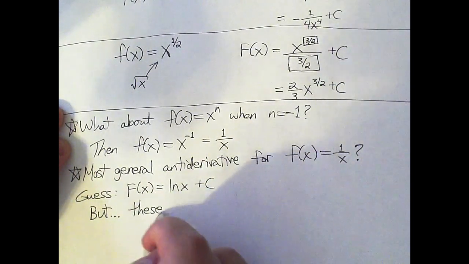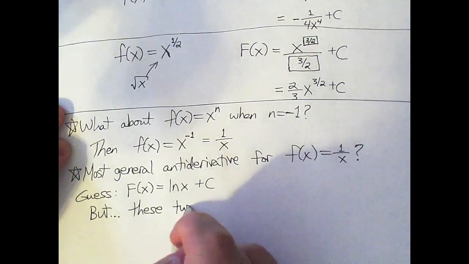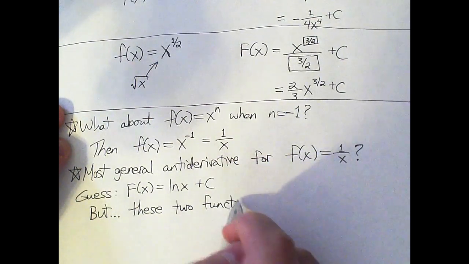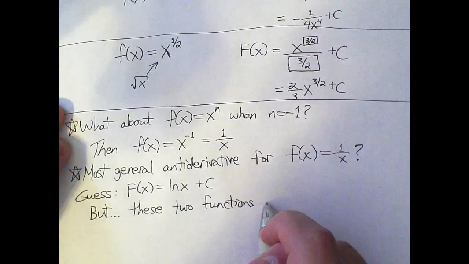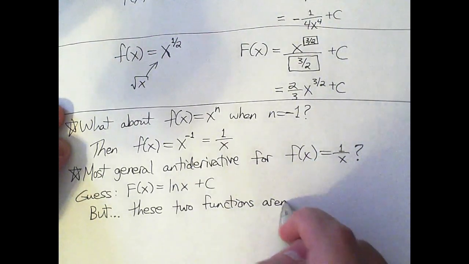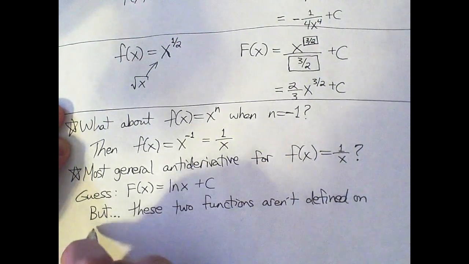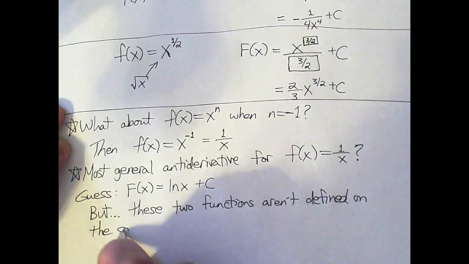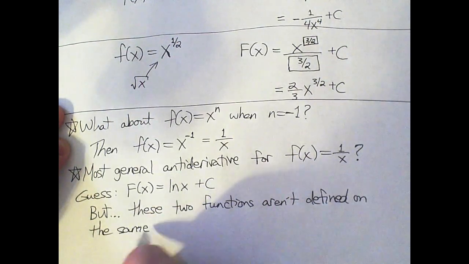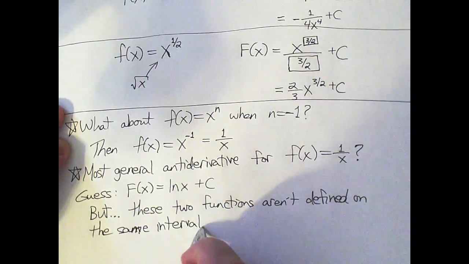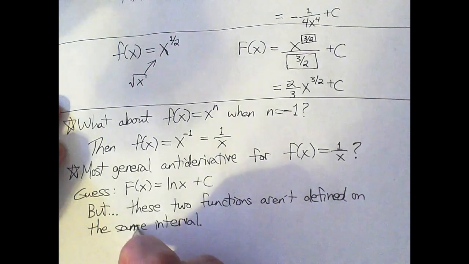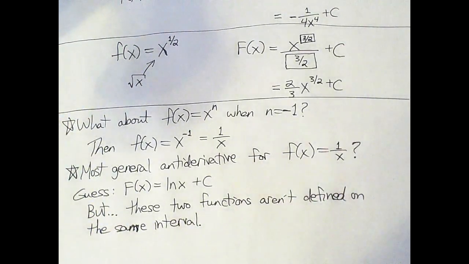The issue is that these two functions aren't defined on the same interval. You know how earlier we were talking about the interval capital I, and I said usually we're not going to have to worry about that so much.